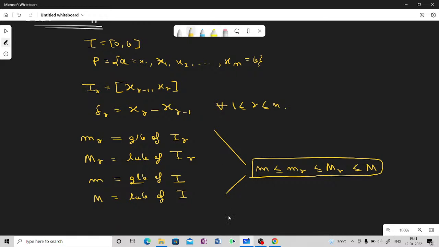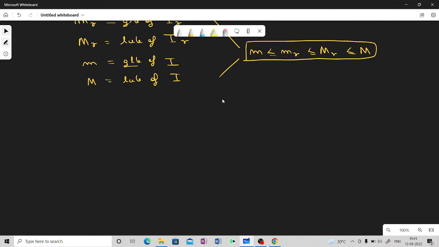Now what is the lower sum? For some given interval I, some given function f and a corresponding partition P, the lower sum of f, the function which we are given to find the area of, with respect to partition P, is given as the summation r = 1 to n of mr into delta r.